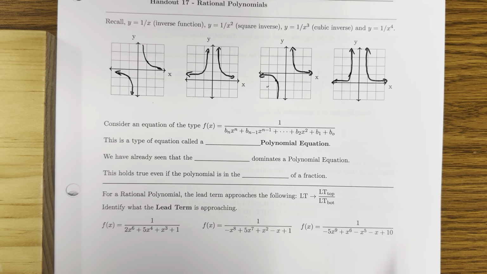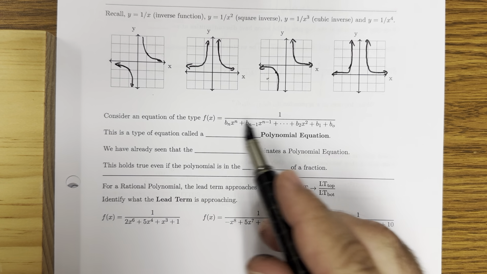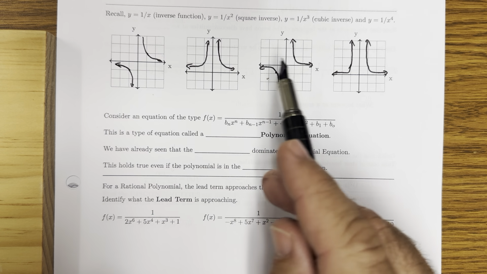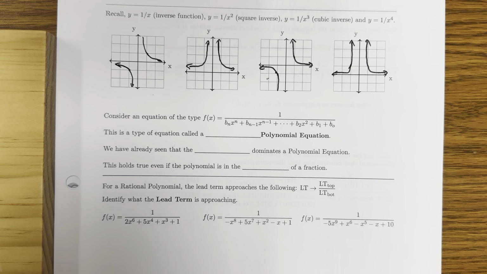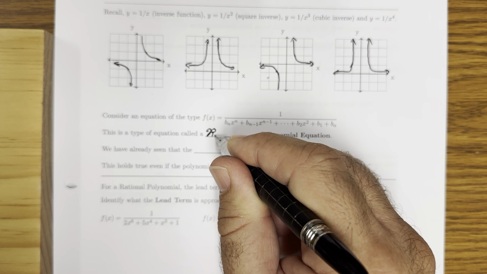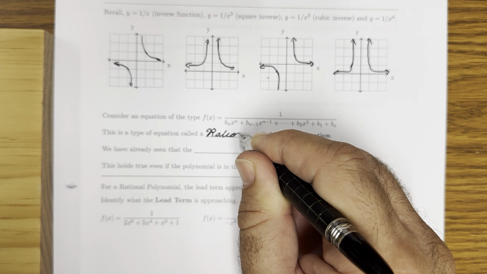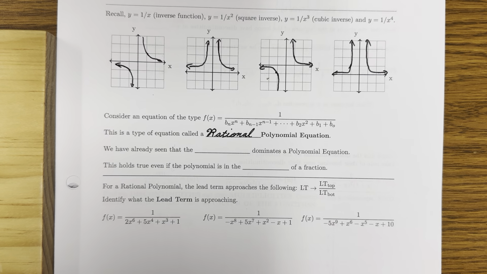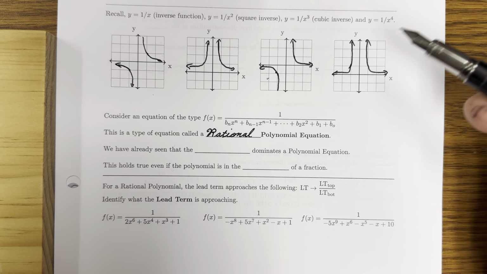So whenever we have something more like this, a more general polynomial, we'll still be remembering this pattern that we saw here. So again, this is a type of equation called a rational polynomial. Note that the top polynomial is just a constant function in this particular example.